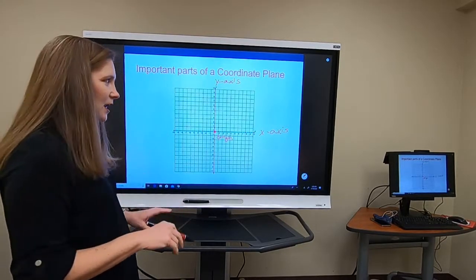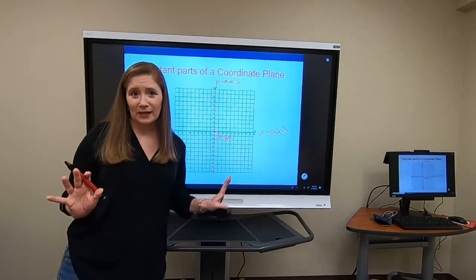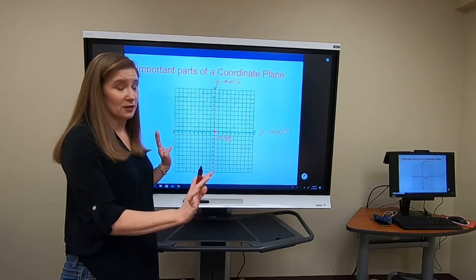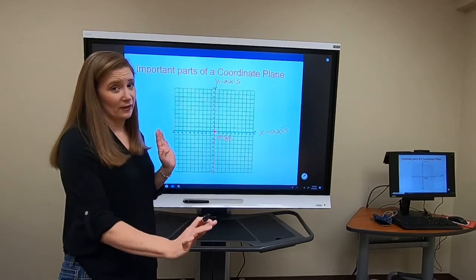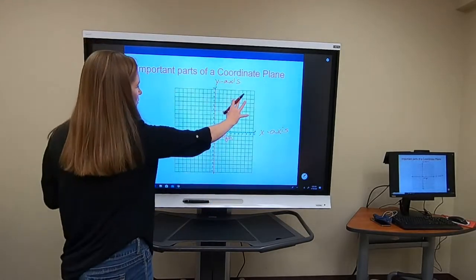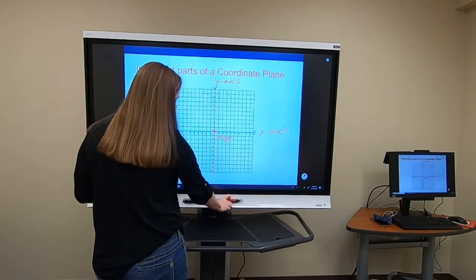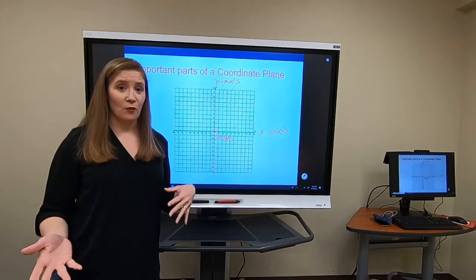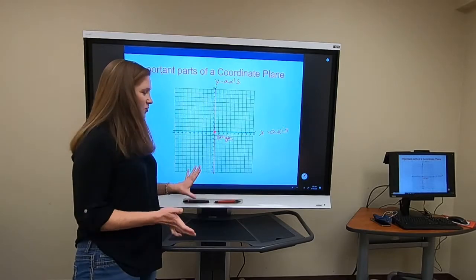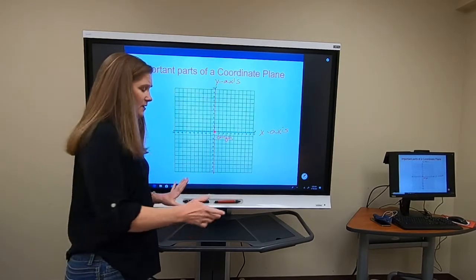The next thing, you're not going to have to use this in this lesson. You will later, and you will definitely have to know about this going forward. But each one of these quadrants, so a quadrant, think about it. Quad means 4. So this plane is divided into 4 parts.